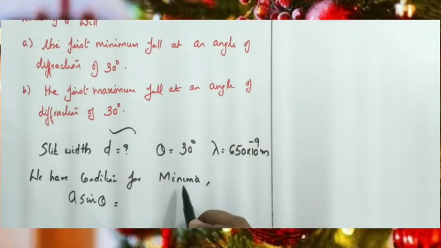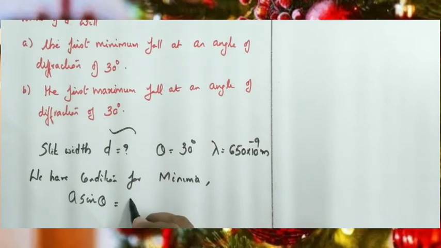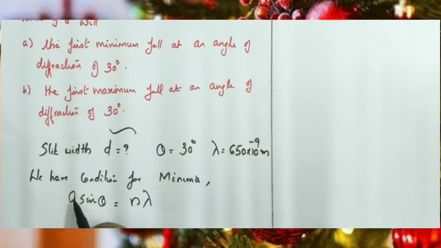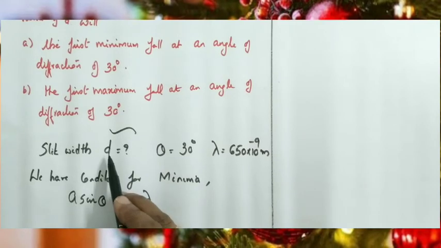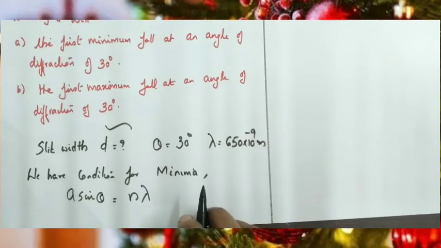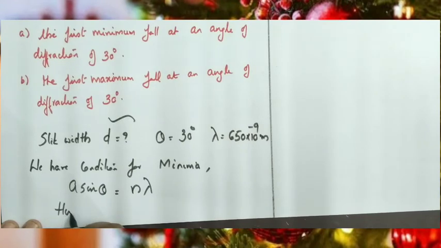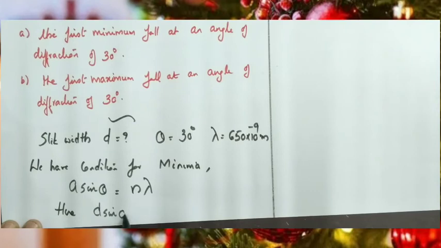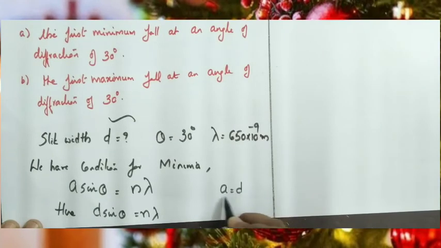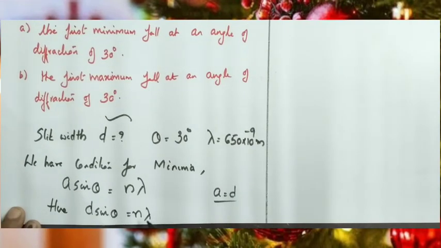A sin theta equals n lambda, the condition for minima. But here what is A? The slit width is given as D. So here A is equal to D. So, D sin theta is equal to n lambda. Slit width is given by D here. That is the condition for minima.